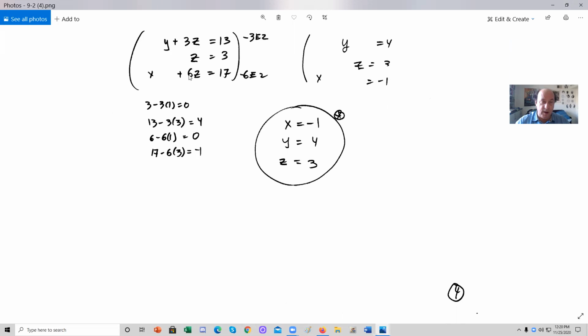And here was 6z in equation 3, so we subtract 6 of equation 2 from equation 3. After appropriate combinations noted here, we get y is 4, z is 3, x is -1. But of course, we want to swap them around to put them in alphabetical order. And here's the solution: x is -1, y is 4, z is 3.